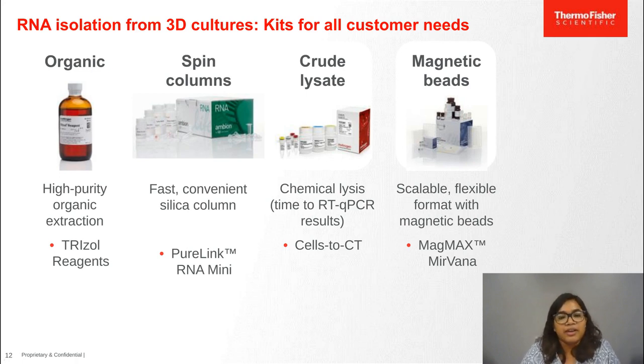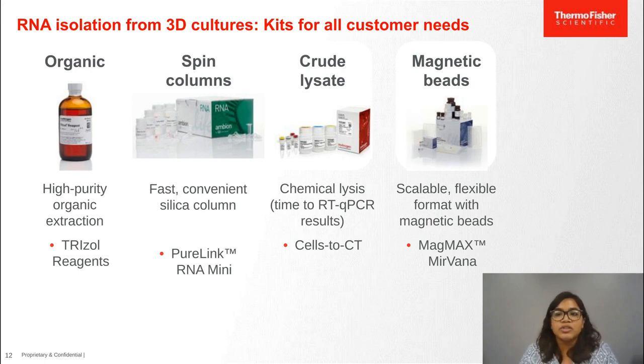So on the left here, we have TRIzol. It's a phenol chloroform extraction, and it yields a very, very pure and clean sample. Spin columns, everybody uses them. Everybody's familiar with them. It works with a filter and you centrifuge your sample down.